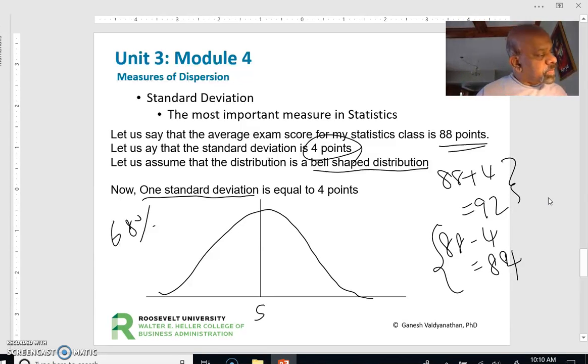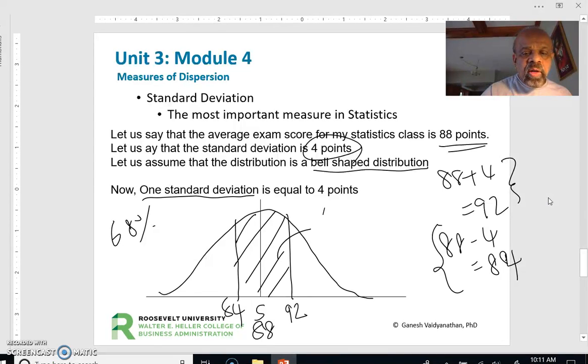What does that mean here? So if my average is 88, this is 92 and this is 84. 68% of my class will fall in this. This is a true bell-shaped distribution or normal distribution.